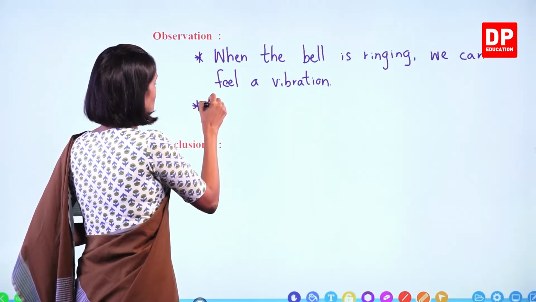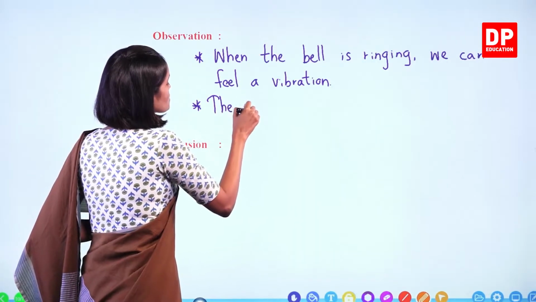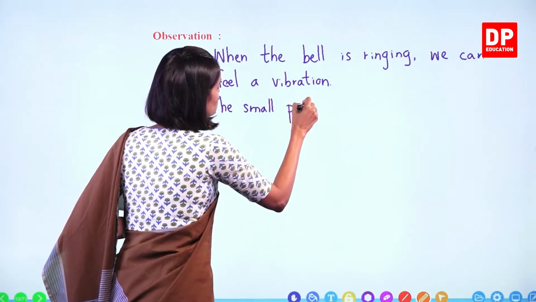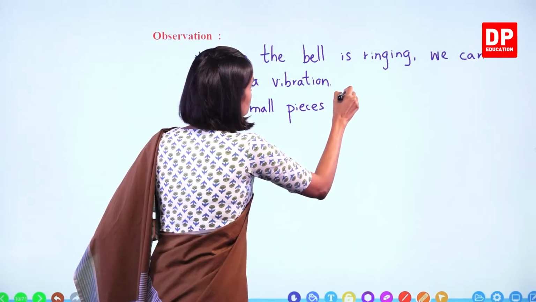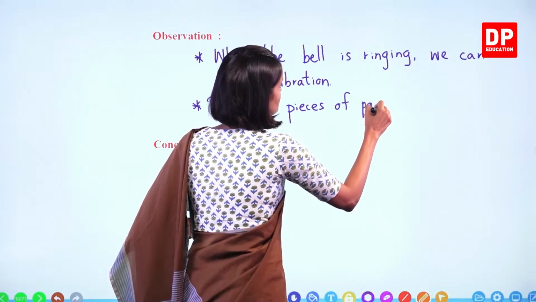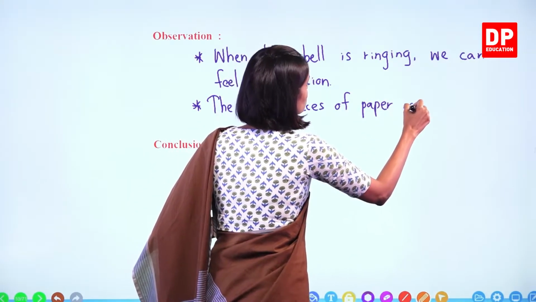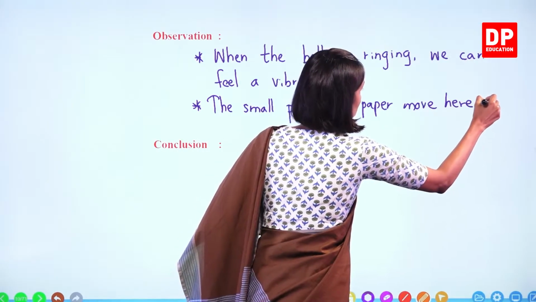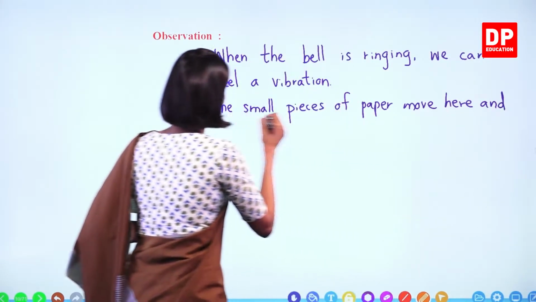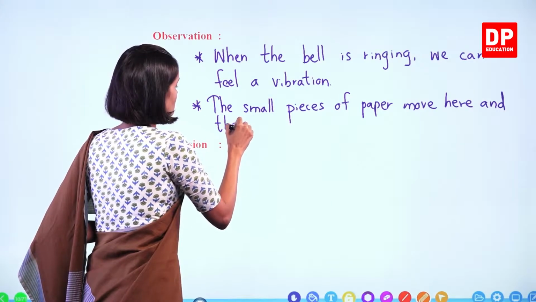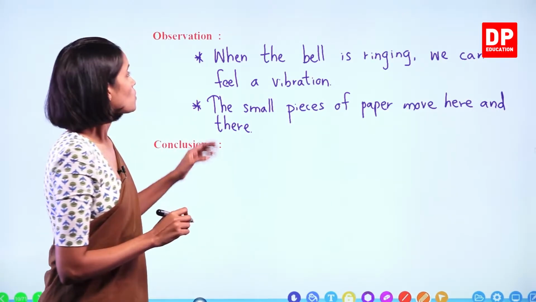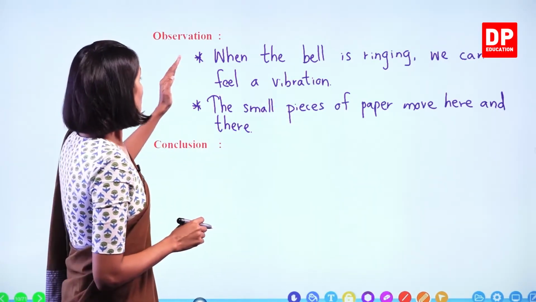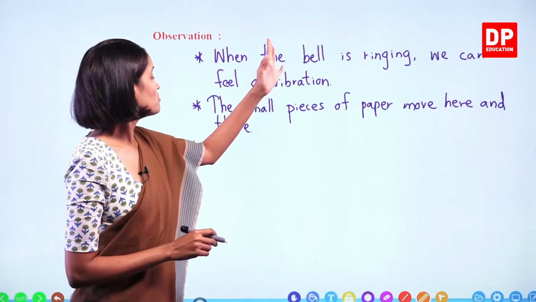And then the small pieces of paper move here and there. When the bell is ringing, we can feel a vibration. The small pieces of paper move here and there.